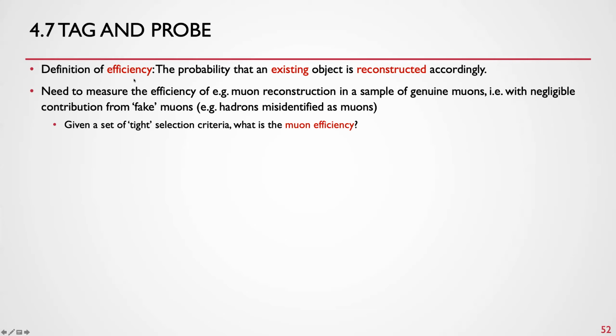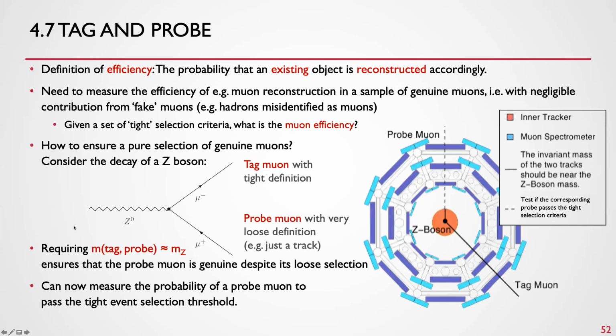Now, we need to measure the efficiency of the muon reconstruction. We can do that in the following way. You have a Z boson and it decays to 2 muons. We want to measure the probability that a muon candidate passes the muon reconstruction.